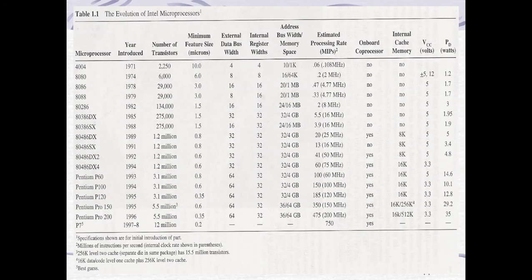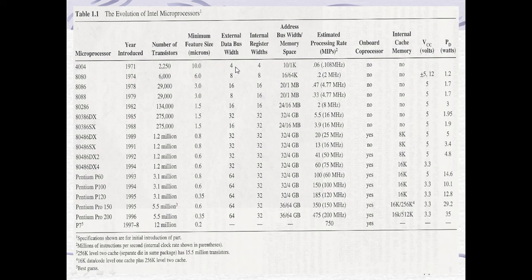The same trend is happening if we just look at the Intel family of microprocessors that begins with the 4004. The first microprocessor of the Intel family, the 4004, was invented in 1971. It was so small that it included only around 2000 transistors, and the external data bus of this microprocessor was just 4-bit. There were 4 lines.